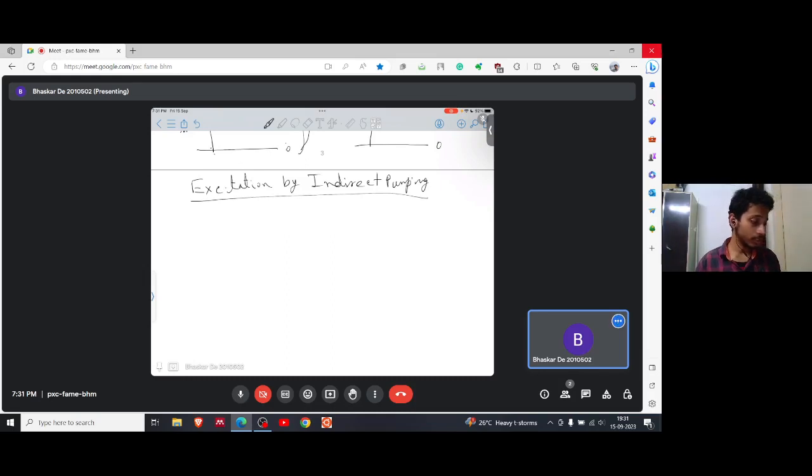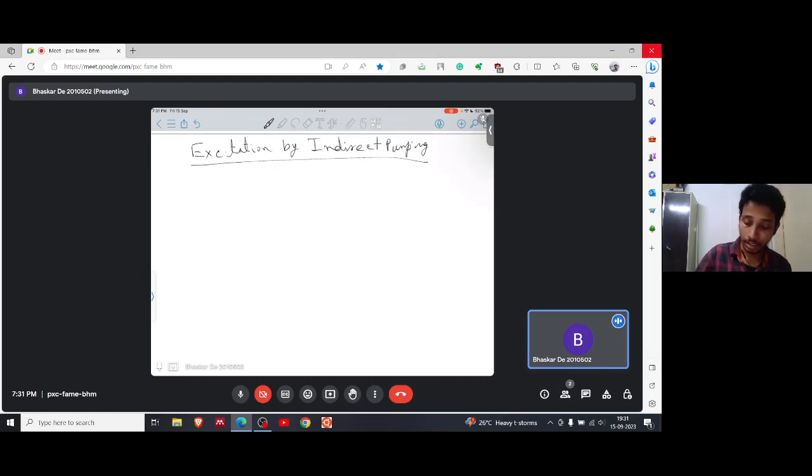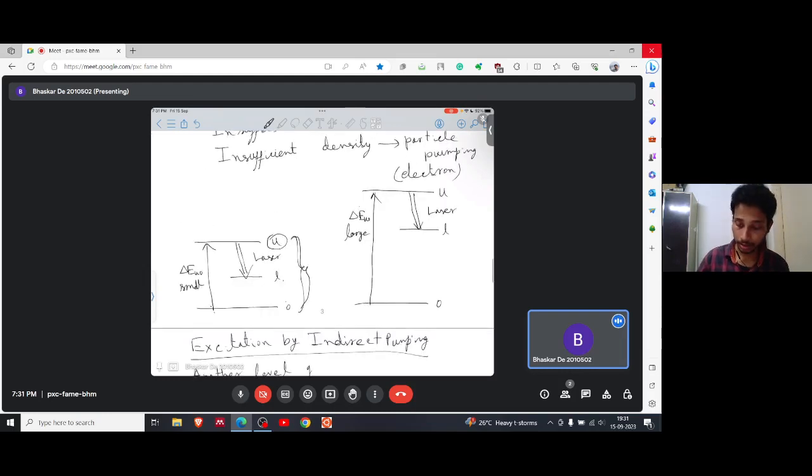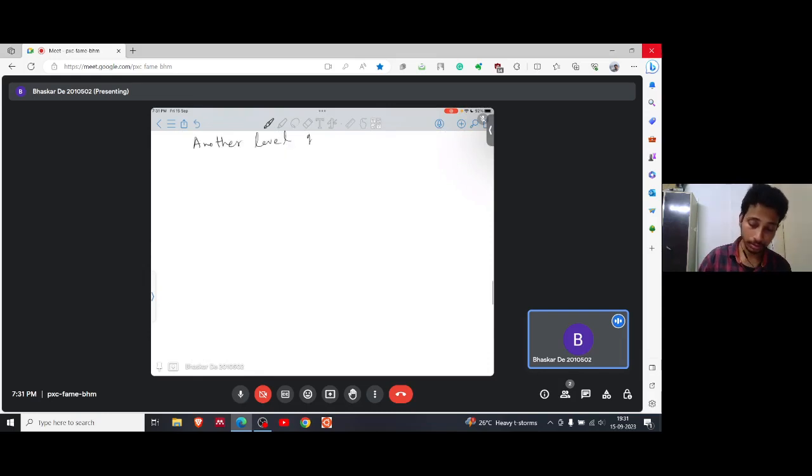So there are three kinds of indirect pumping. What happens in indirect pumping is that we have another level Q. So here it is a 3-level system, but in the case of indirect pumping that will be a 4-level system.